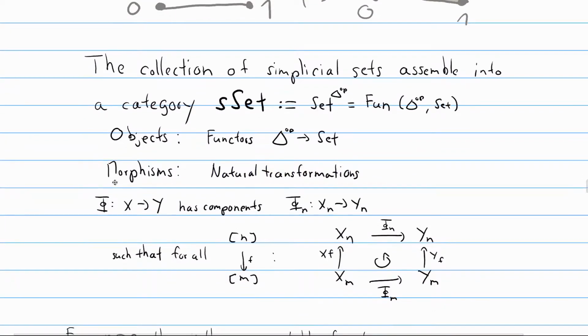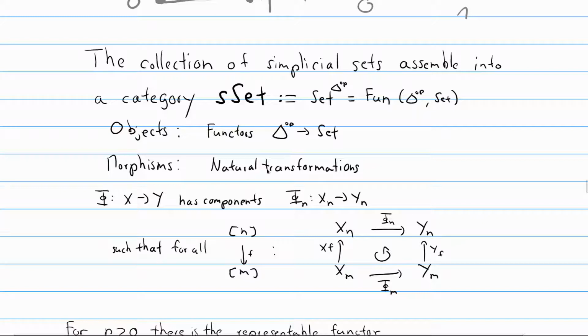So for those of you that are not sure what natural transformations are, if we have two simplicial sets, X and Y, then a morphism between these simplicial sets consists of the data of rules that transform n-simplices of X into n-simplices of Y, such that for all morphisms in this simplex category, the following diagram commutes.